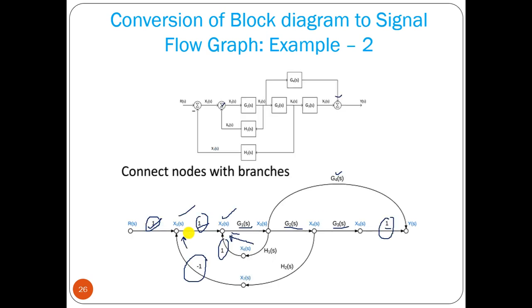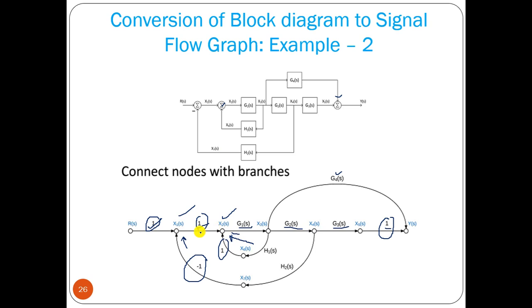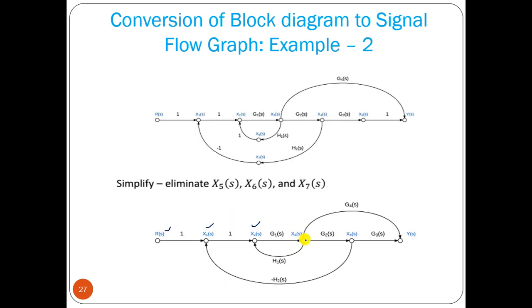Rs, X1, X2, this part we are not changing. Rs, X1, X2 is there because at the X2 point this feedback comes and at X1 this feedback comes, so we cannot take these two as the same point. We could take them as the same point, but let us keep it like that. There is no harm.